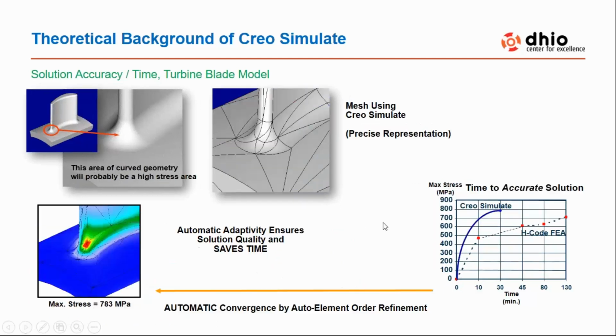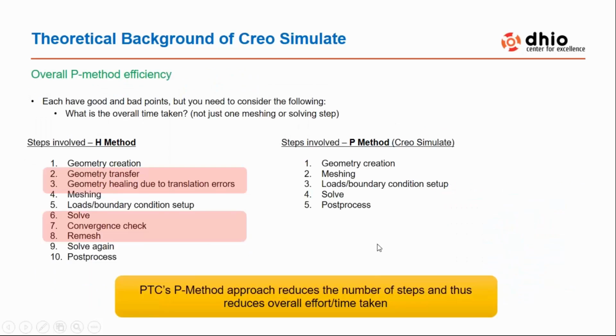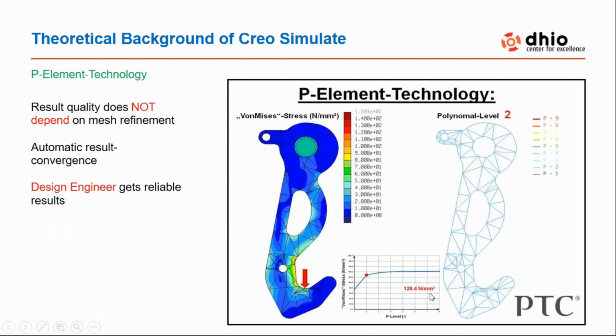Whereas in Creo Simulate, we have a solver technology called P elements. That will increase the polynomial order, that will not increase the mesh size. The number of meshes will remain the same, whereas the polynomial order near to the characteristic curves, characteristic surfaces or volume patches will be getting increased, whereas the number of meshes will remain the same.